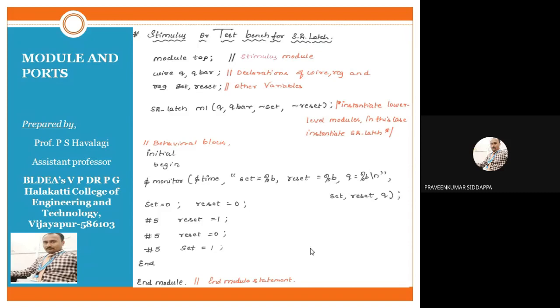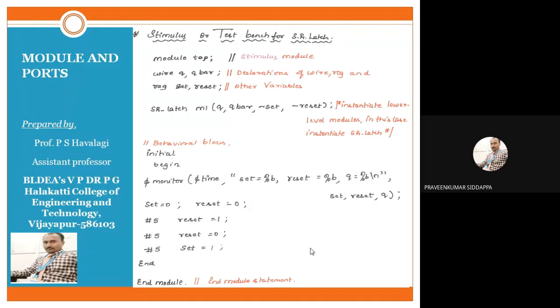In the next syntax, we have written sr underscore latch. For what purpose are we writing the test bench? We are checking the functionality of the SR latch.